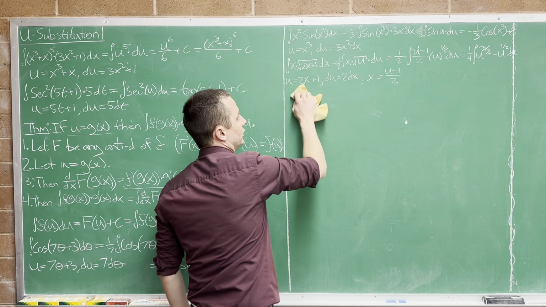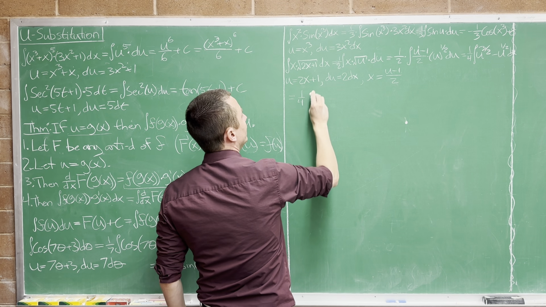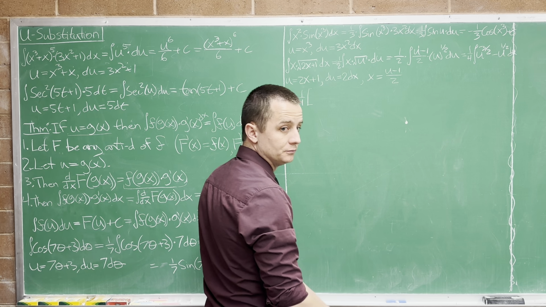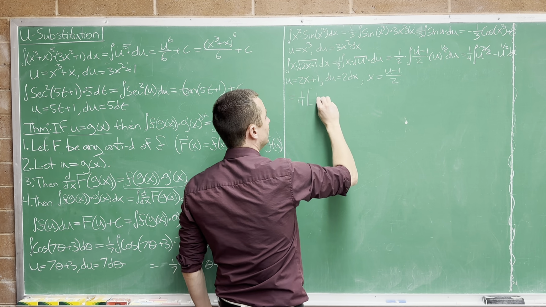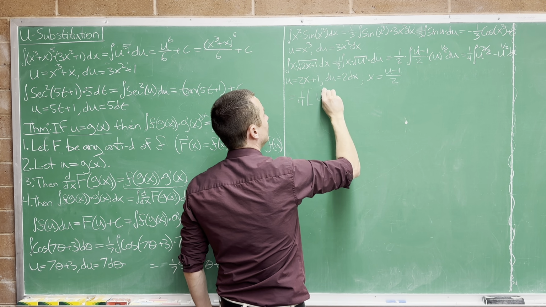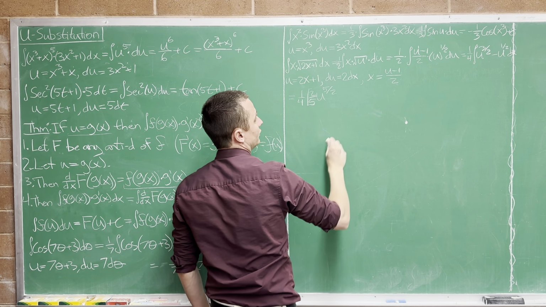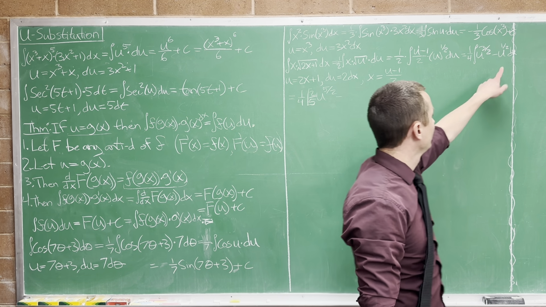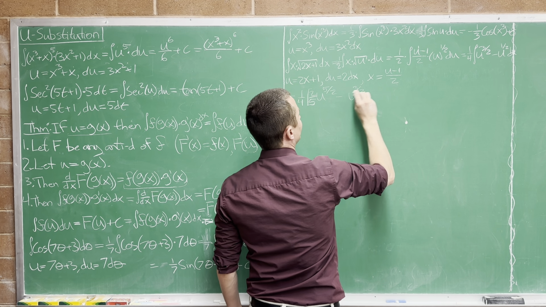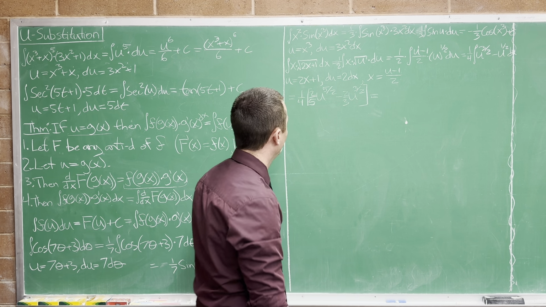So now that is equal to 1/4 times, what is the integral of u to the 3/2? u to the 5/2 times 2/5. That's a 2/5, sorry. Minus, what's the integral of that? u to the 3/2 times 2/3, right? Okay, so let's multiply it all out.